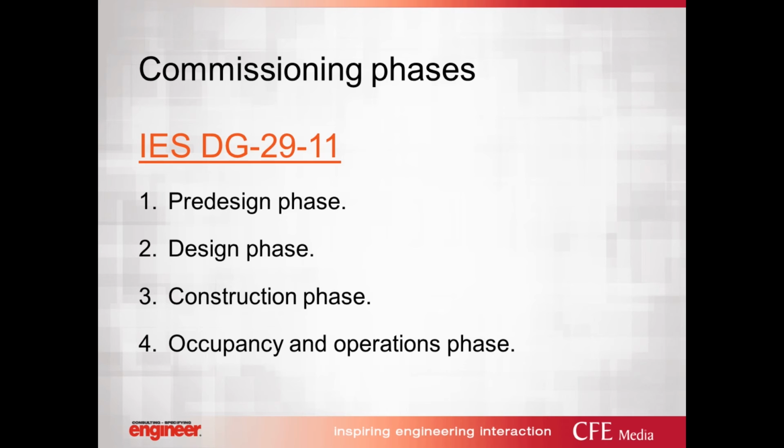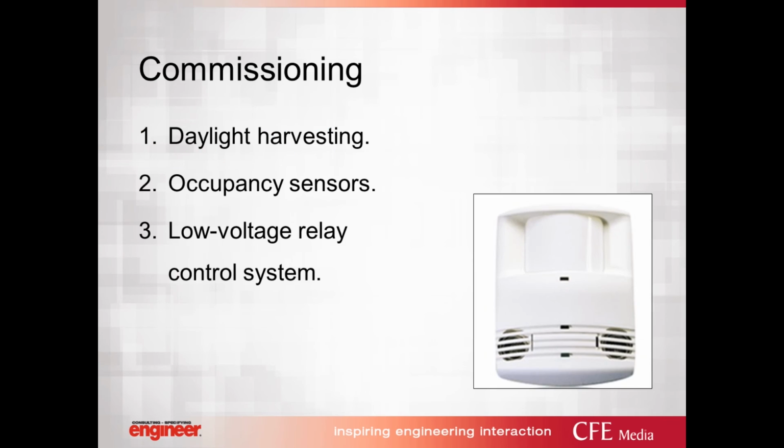There basically are 4 phases. And the most important thing to remember is that commissioning is best done at the beginning of a project design. A lot of times they want to bring in a commissioning agent during construction. I think that's too late, especially if there are some issues during design. So the key thing is making sure the commissioning agent is involved early in the project.